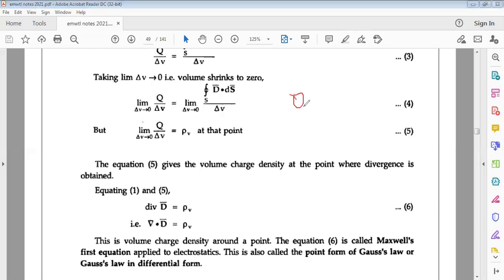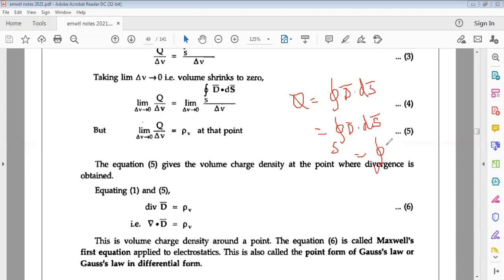We know Q is equal to integral D bar dot ds bar. Okay, my dear students. And now I am checking here, this value is a surface integral, D bar dot ds bar. By using the Stokes theorem or divergence theorem, the surface integral changes to the volume integral.